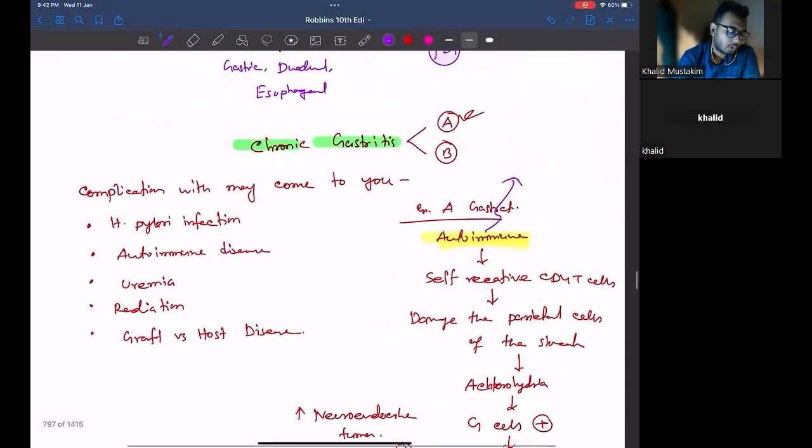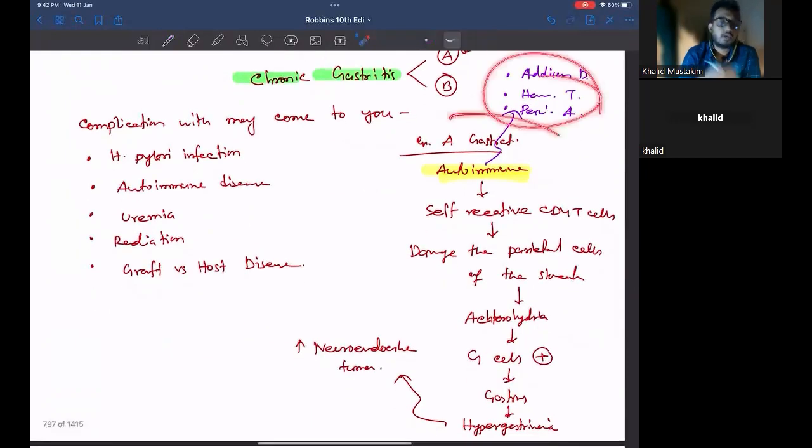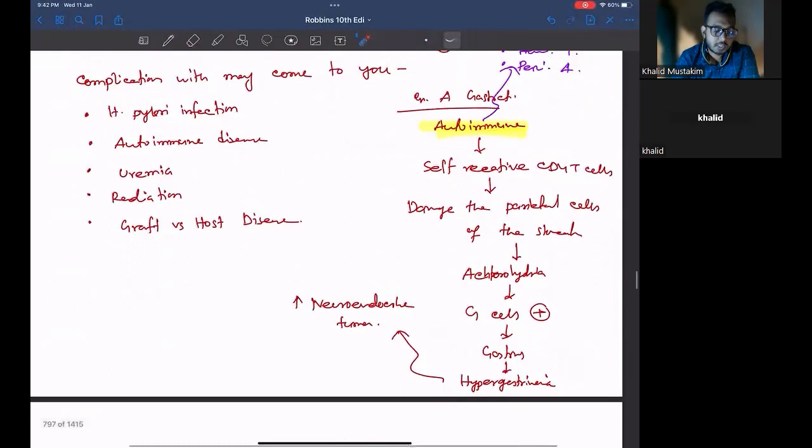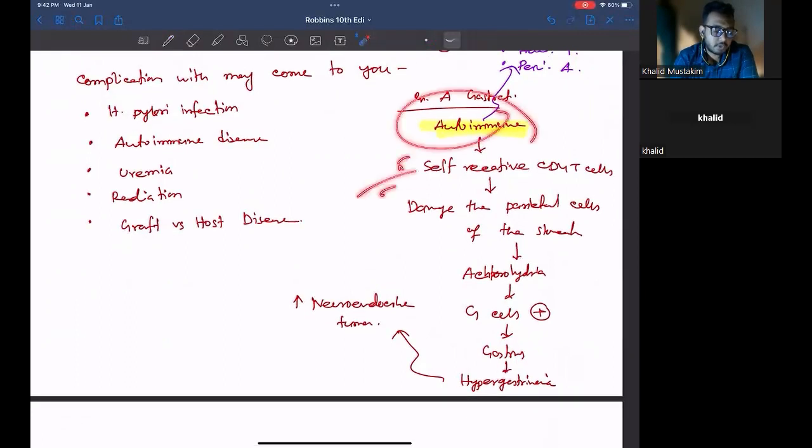Autoimmune conditions may be Addison's disease, or it may be Hashimoto thyroiditis, or pernicious anemia, or some other autoimmune diseases. So if a patient comes to you with a chronic autoimmune disease, you must remember that the patient may develop some neuroendocrine tumor with this pathophysiology. What is that? Autoimmune disease.